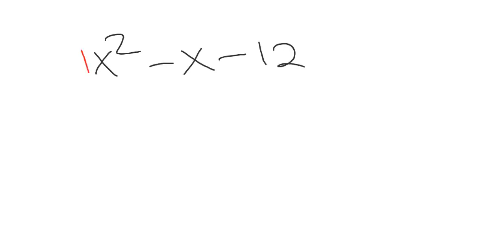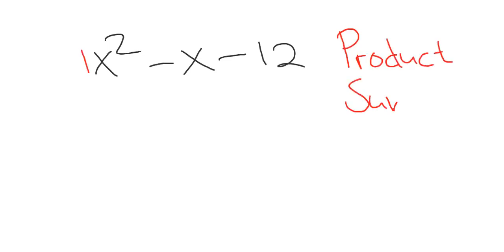So let's take, for example, the same example that we just used, x squared minus 12. We said there's a 1 here. Now, to factorize all expressions where the coefficient of x squared is 1, we are going to use a method called the product sum rule.